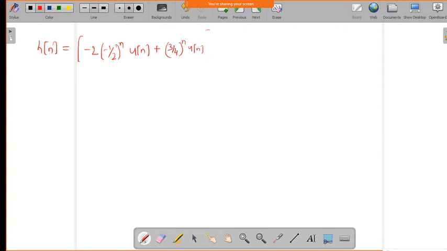Now by using the impulse response you have to find the transfer function and also the difference equation.